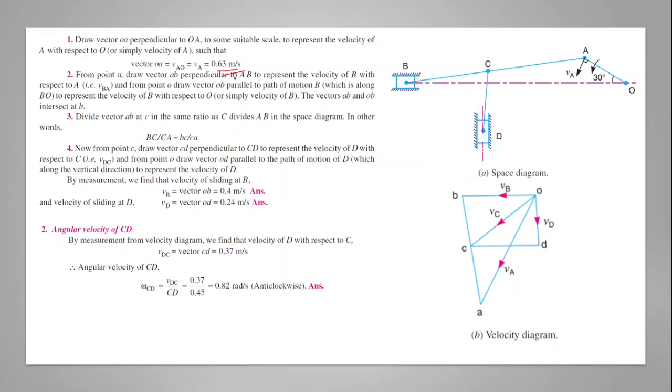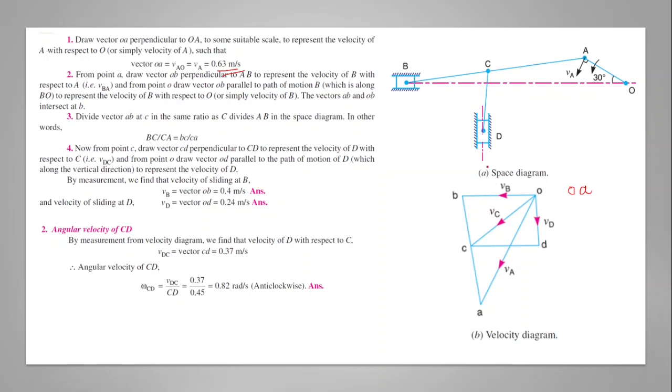We already calculated this velocity of A. We can take any convenient scale to represent this velocity. Then we draw that length, and this particular line oa must be perpendicular to link OA, and we can fix point a.